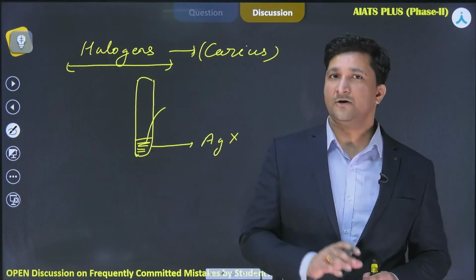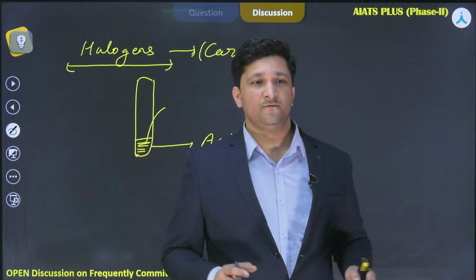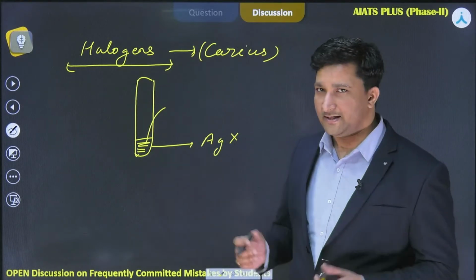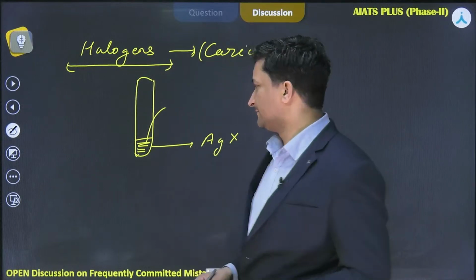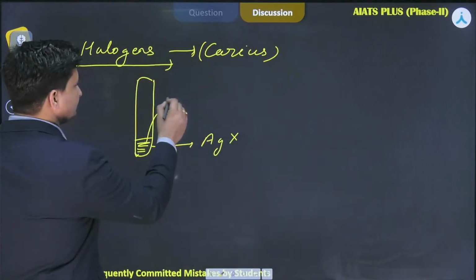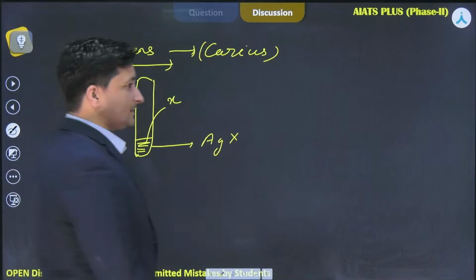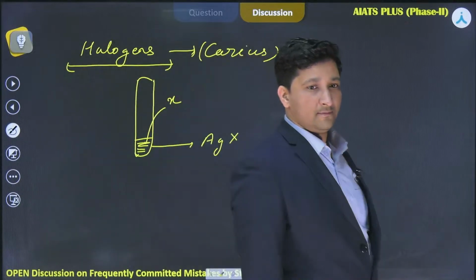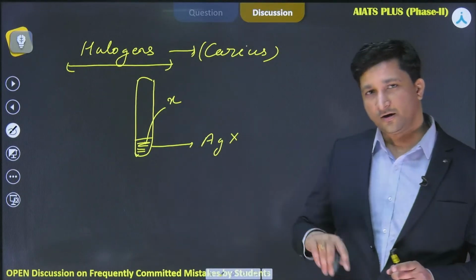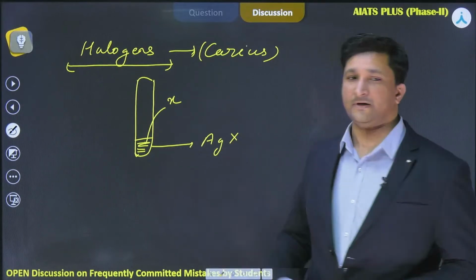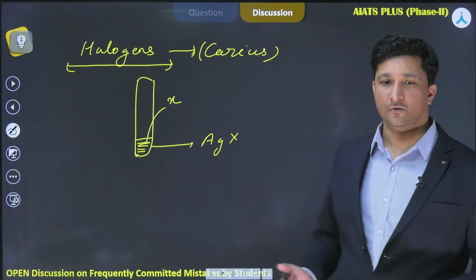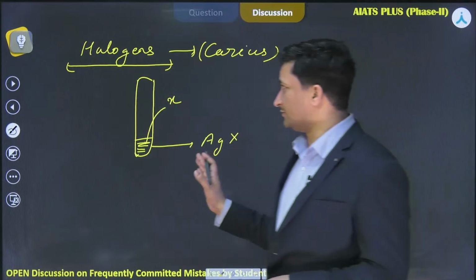Now, if we have to find out the exact amount, then we follow the Carius method. Suppose X gram of any halogen is there. Before performing this experiment, we already know what X is in the given compound, whether it is bromine, iodine, or chlorine. So that's why we will be using this method.